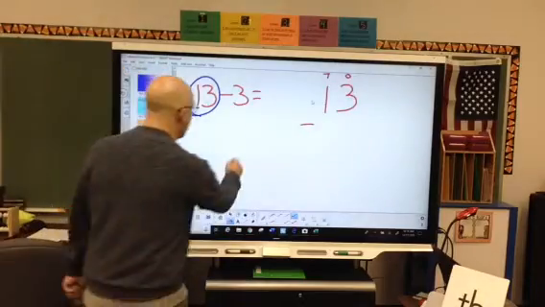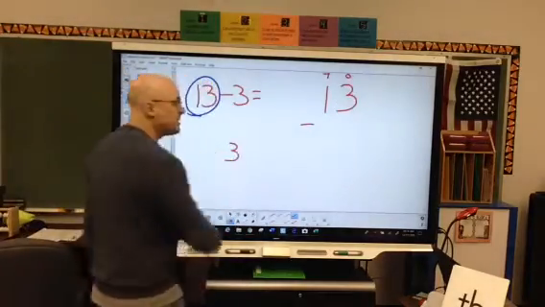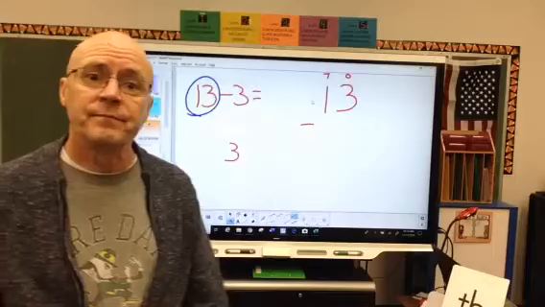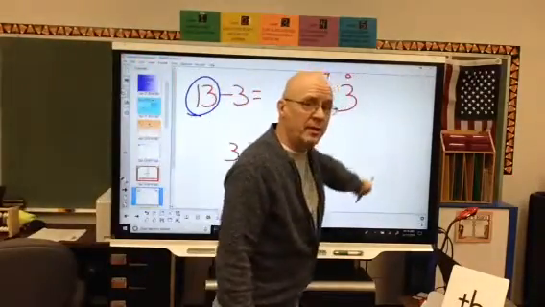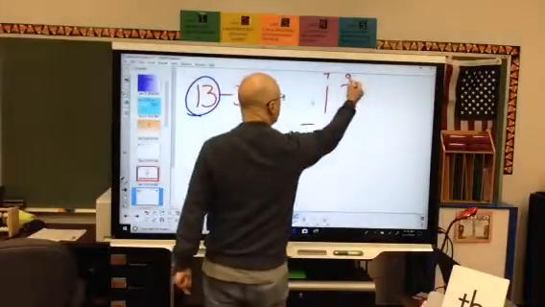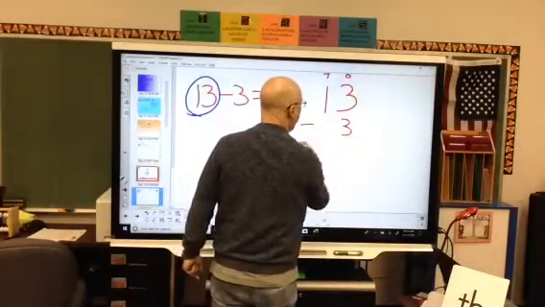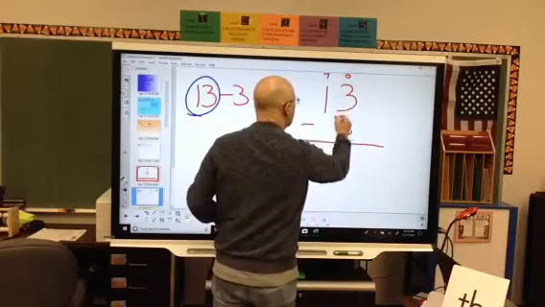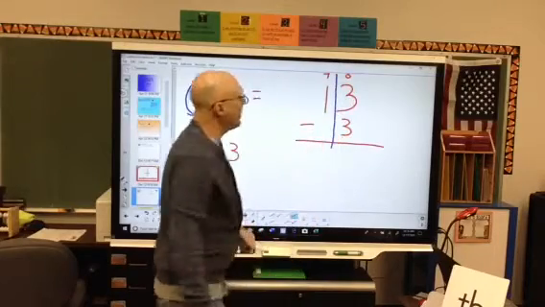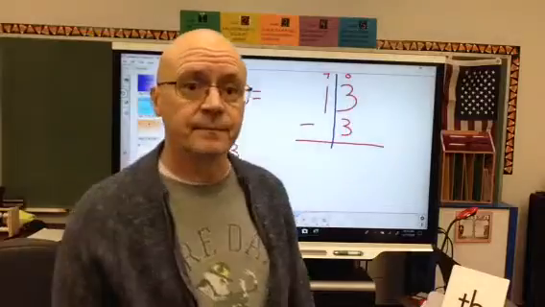Is that 3 ones, 3 tens, or 3 hundreds? That's 3 ones, so it goes underneath my ones column, right underneath the other 1. I can draw a line here to separate my ones and tens.